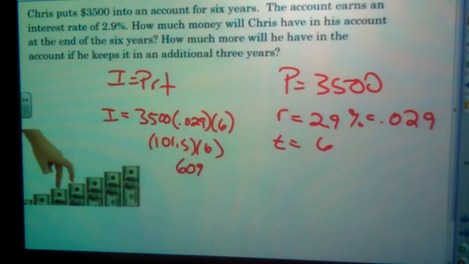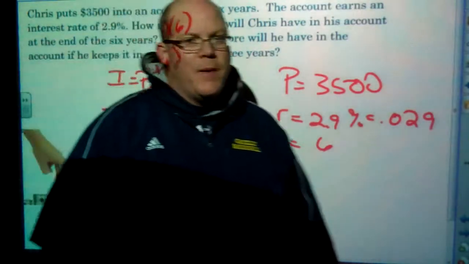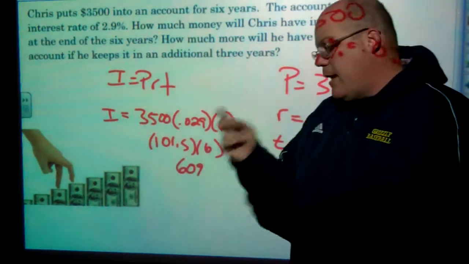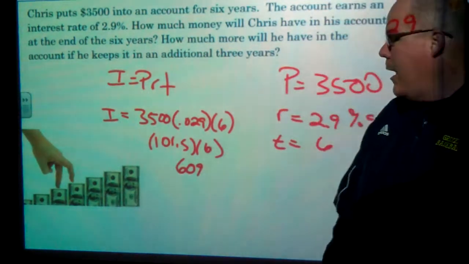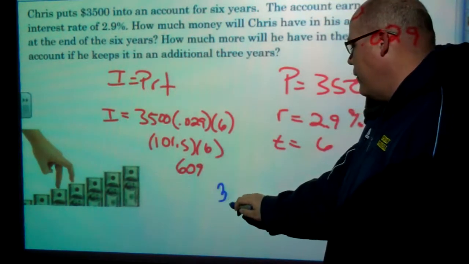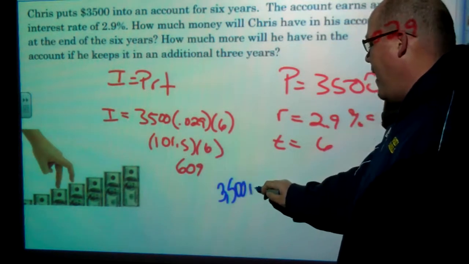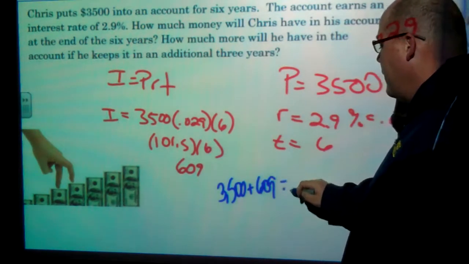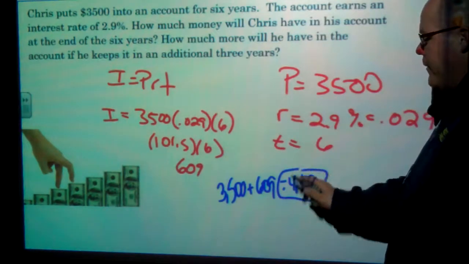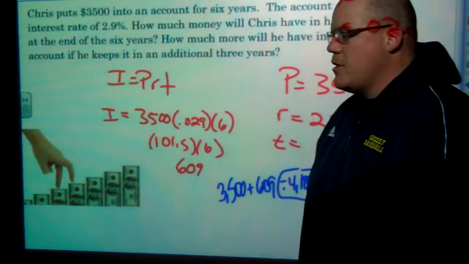Now, $609 does not represent how much money he has in his bank account. That's how much interest he's earned. So we would have to take that $609 and add it to how much money he began with. So we take 3,500 and add $609, and he has $4,109 in his account after 6 years.